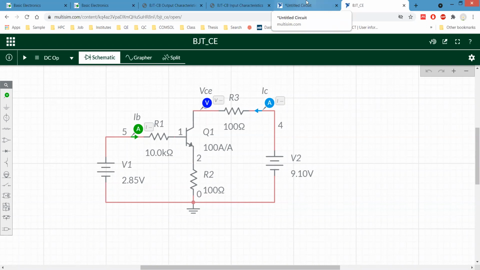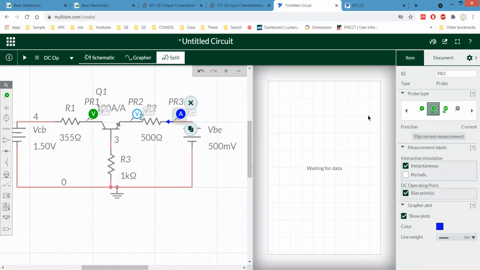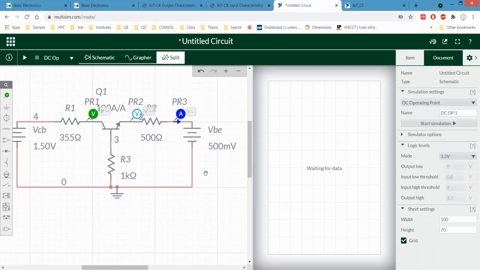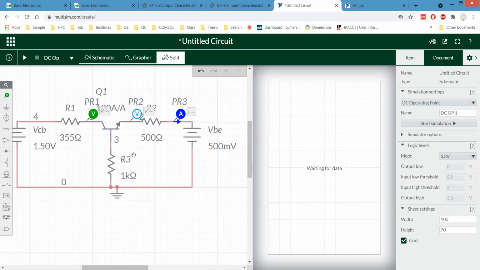Sorry, this is for the common emitter one, and this is the common base one. The emitter current should be in this way. I'm sorry. Okay, so now we have this one. This is mentioned as V2, the base emitter junction voltage, and this current is the emitter current. Okay, let me run it.